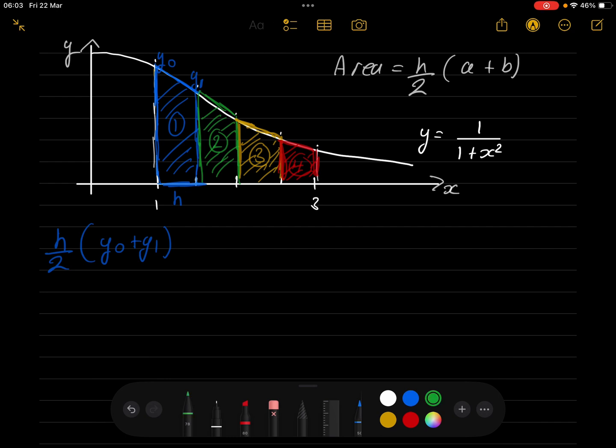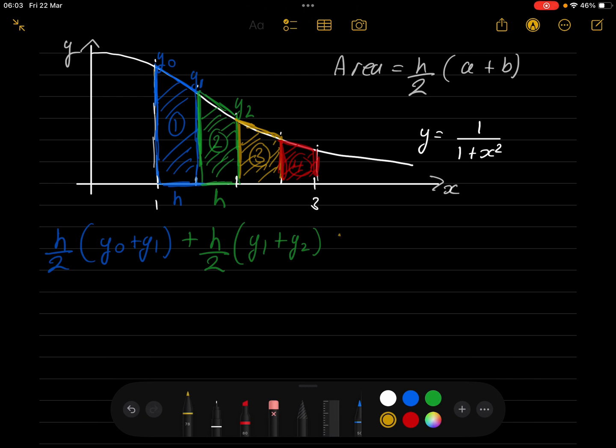And in a similar way, the green trapezium would have area, well, they're all equal width, so again this height stays the same, h over 2. And this length here, again, is given by the y coordinate y1, and this coordinate would be y2.